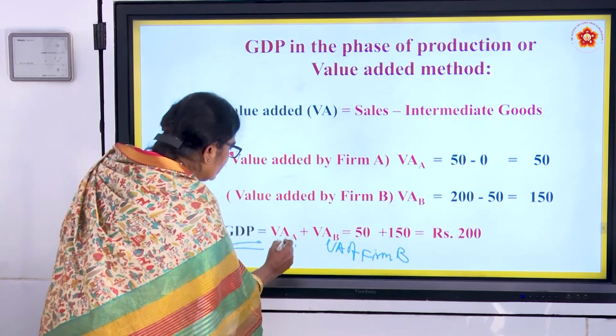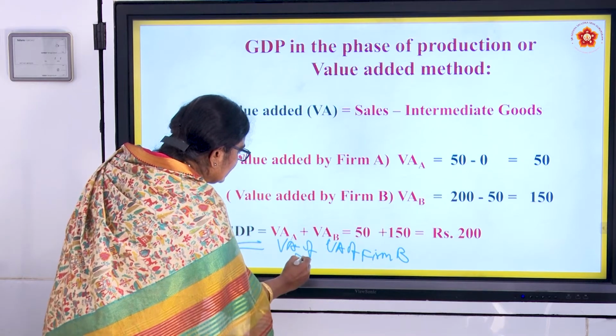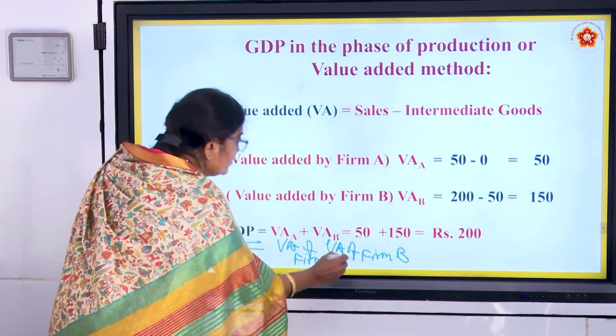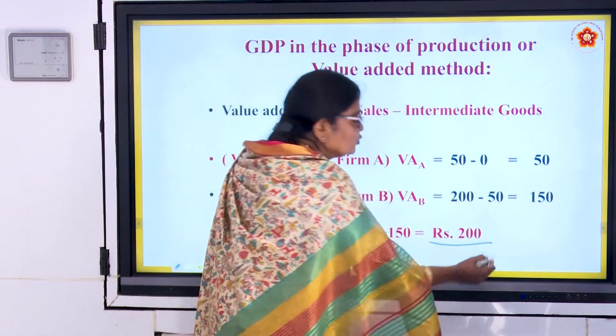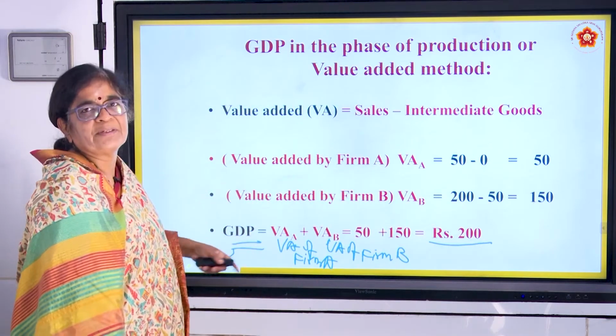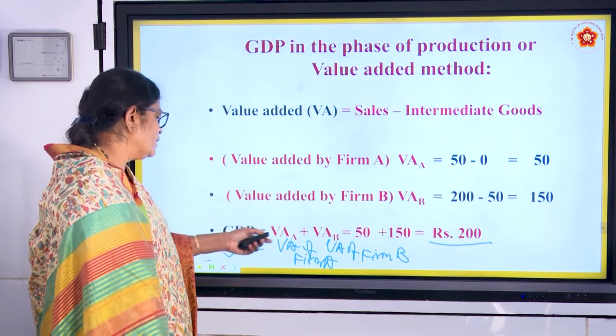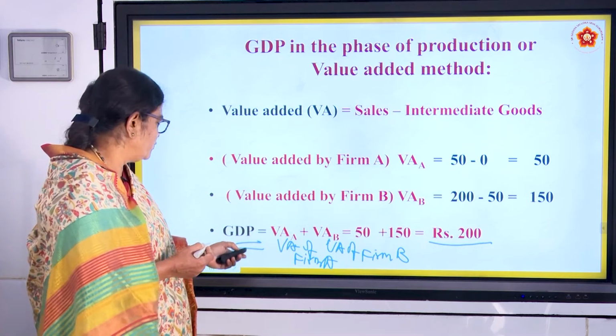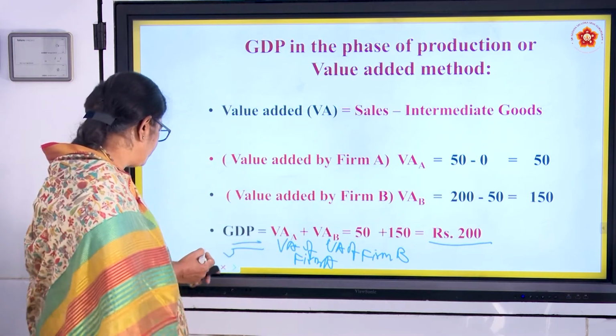You will get rupees 200. That is called GDP. Therefore, the GDP for this economy is 200.